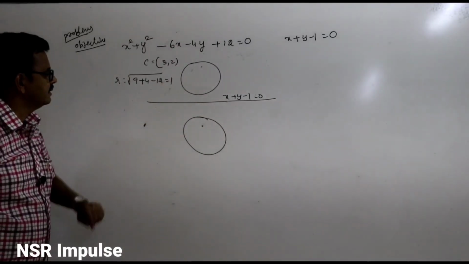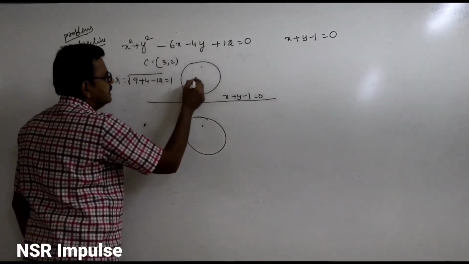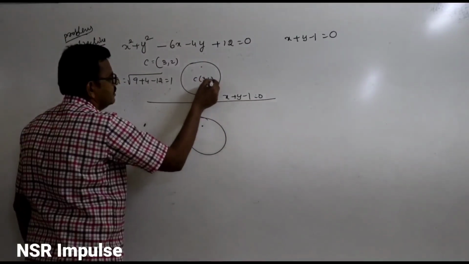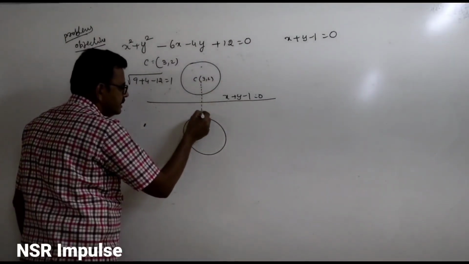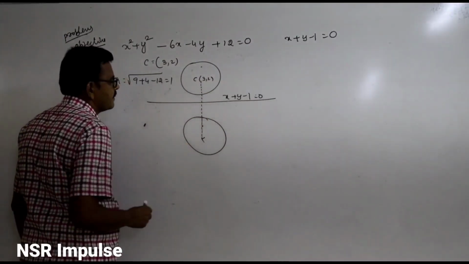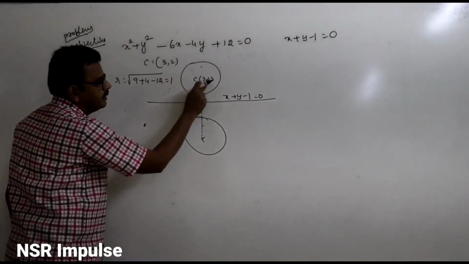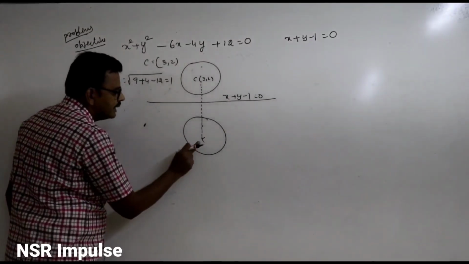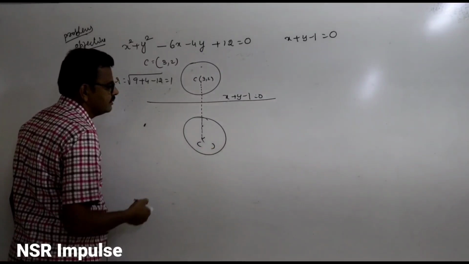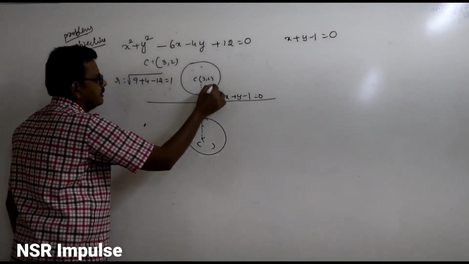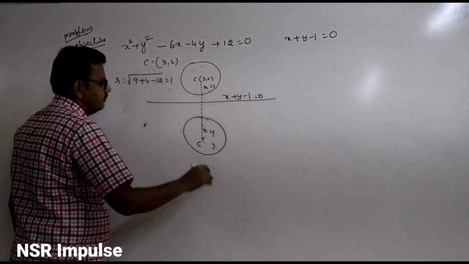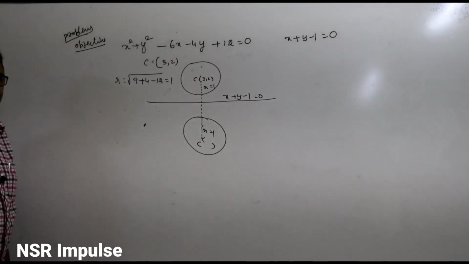Now we have to find the center. How to find center? This is the given circle, 3 comma 2. So find the image of the point 3 comma 2 with respect to the line. That is the center of required circle. Here radius is 1. There also radius is equal to 1.